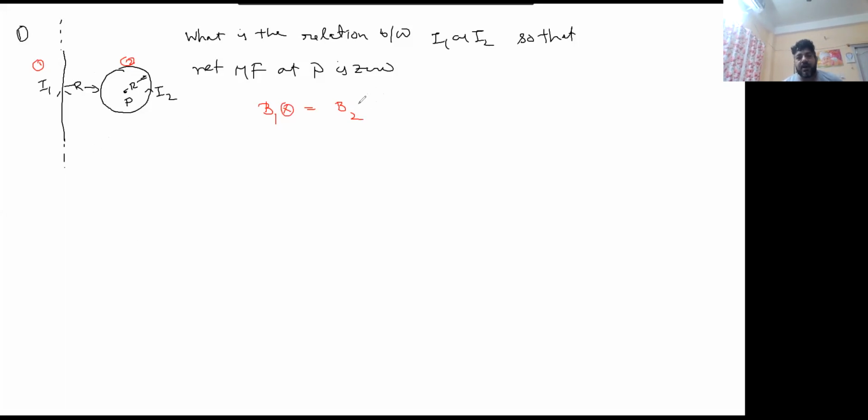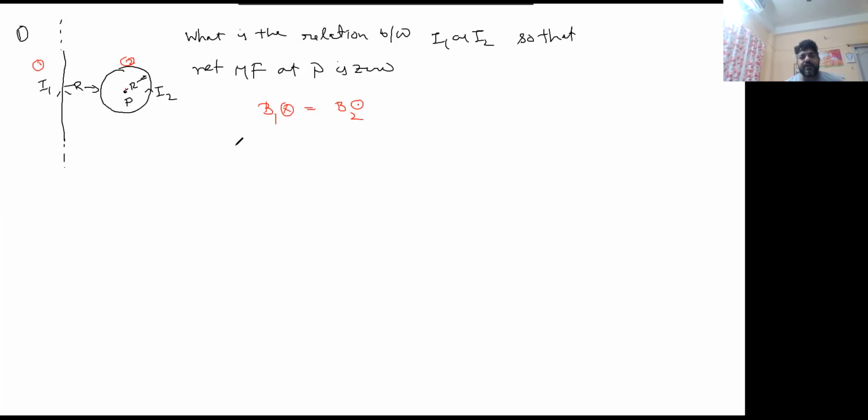Outward. So it is confirmed that for I1 it is inward, for I2 it is outward. Equal magnitude in opposite direction, then and only then the net value is 0. So they are opposite in direction, and only then the net magnetic field at P is 0.